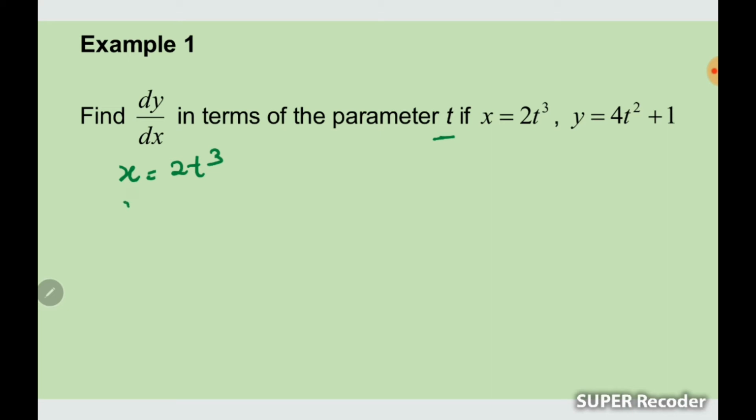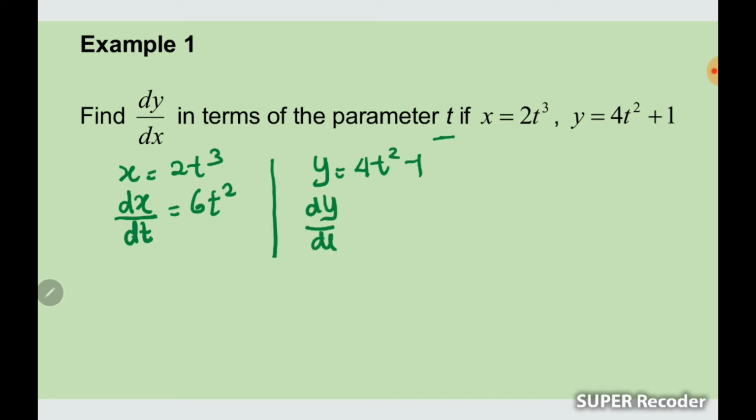We differentiate x with respect to t, that is dx/dt, and the answer is 6t squared. Then we write what is y in terms of t. y is given as 4t squared minus 1. Therefore, dy/dt is equal to 8t.